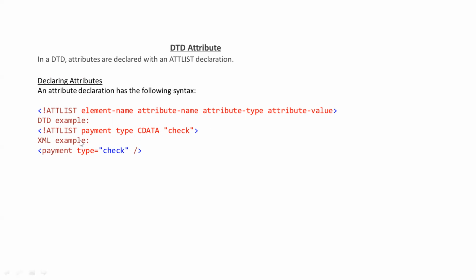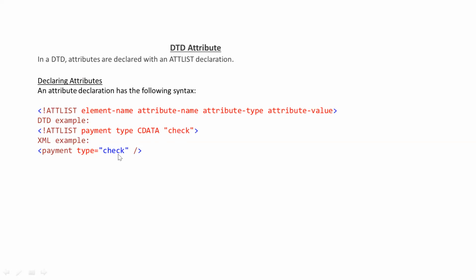This is one example I have taken for the element payment. I am taking an attribute called type. It can accept character data, CDATA, and the value can be check. And when I give an example in XML, the element name is payment, the attribute name is type, and the attribute value I have given is check.